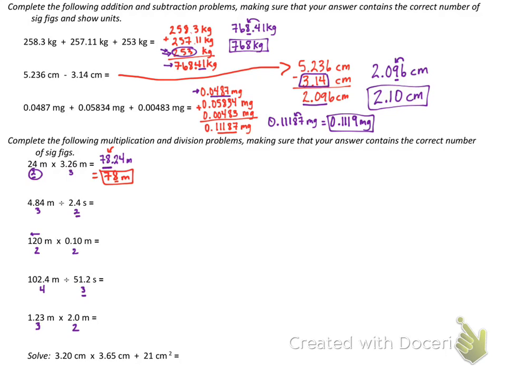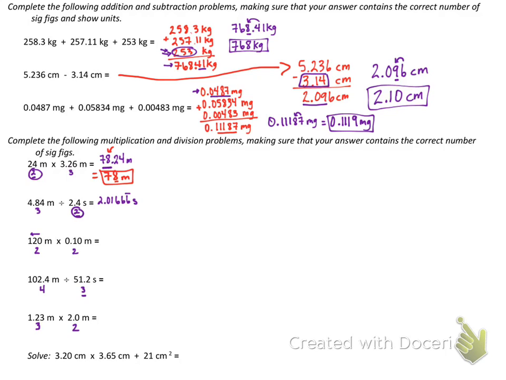All right, my next problem, I have 4.84 divided by 2.4, and my answer is a really long one: 2.016666667. Here we can just put that number there, and my unit is seconds. Based on the problem, I'm supposed to have an answer with only 2 significant figures.